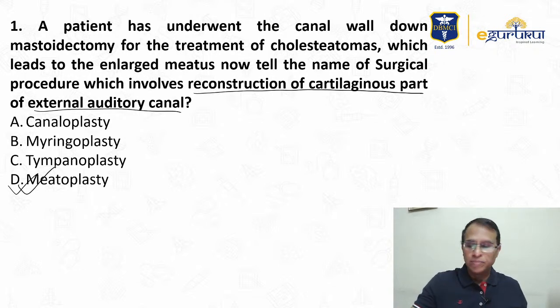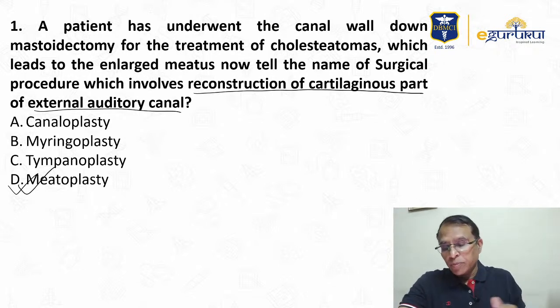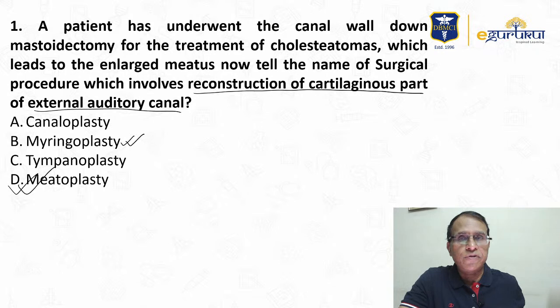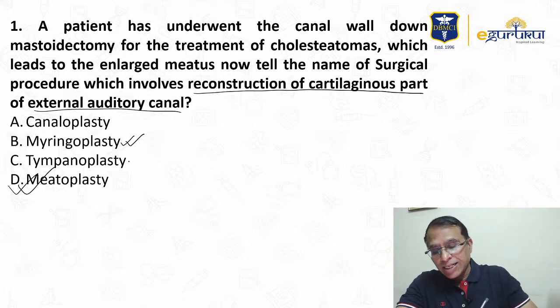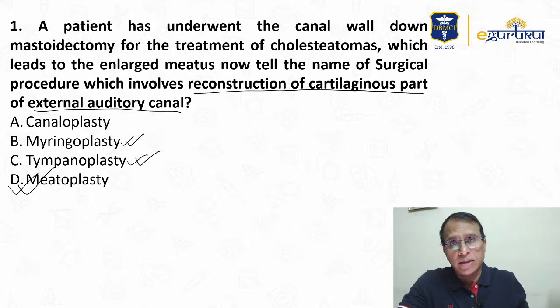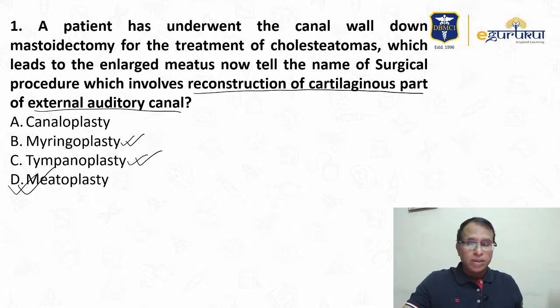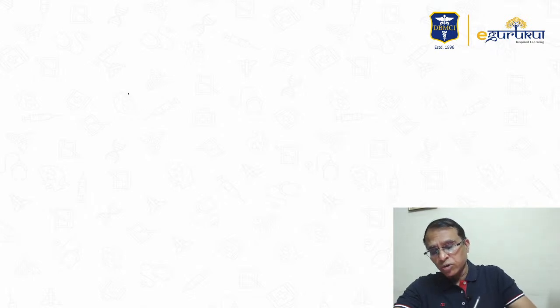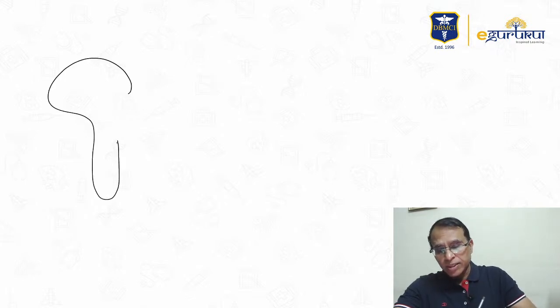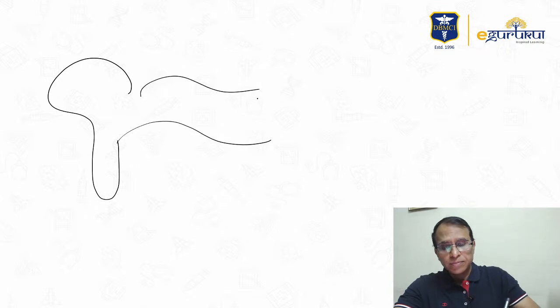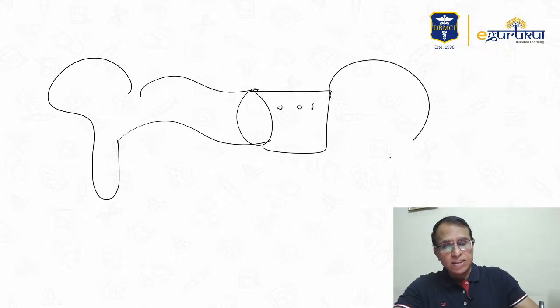I'll explain this. Now, myringoplasty is repair of the tympanic membrane, which is done for safe CSOM, and tympanoplasty is repair of the middle ear. Tympanum is middle ear, which is also done for safe CSOM. Now, if you have attended my lecture, you'll know that when I draw the ear, this is the middle ear and this is the inner ear.